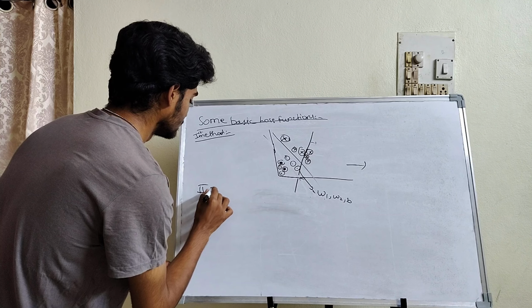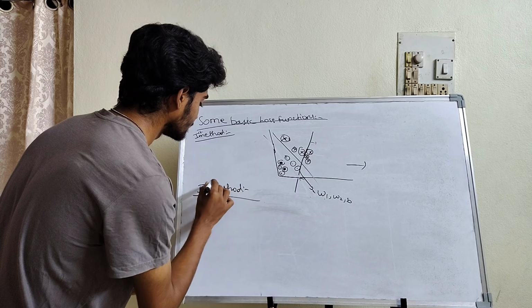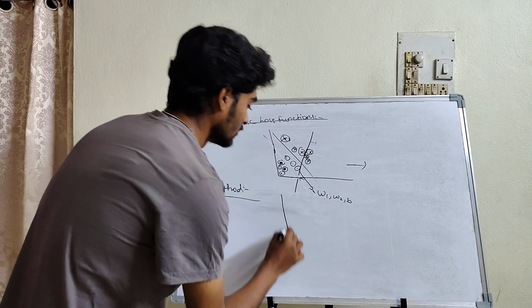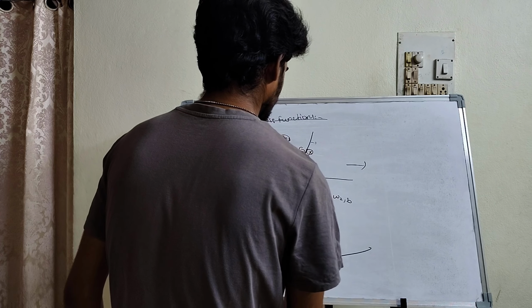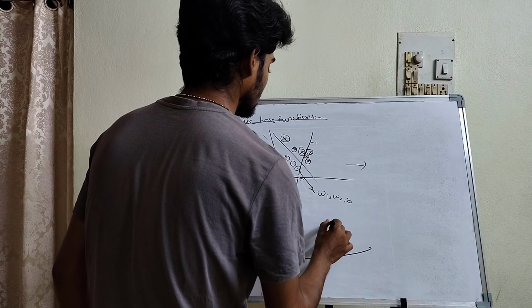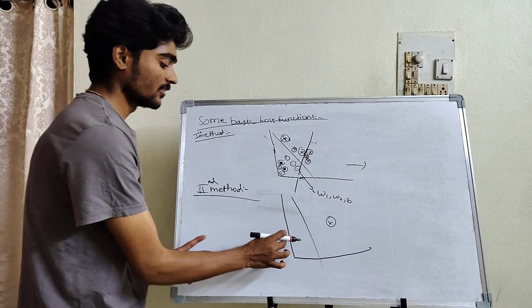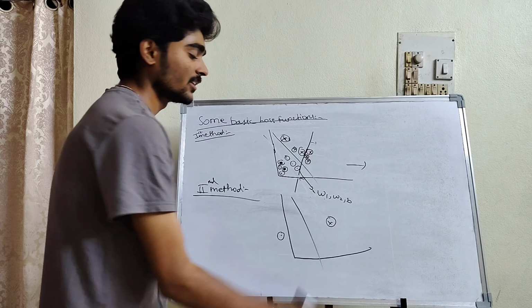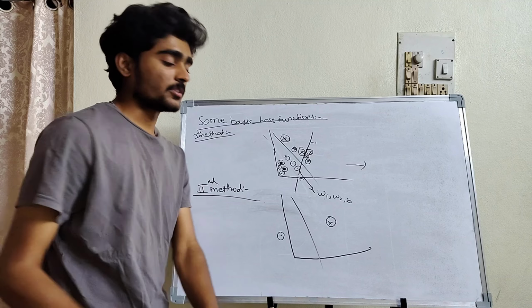Second method. Let's say you have just two data points, and both of them are misclassified.